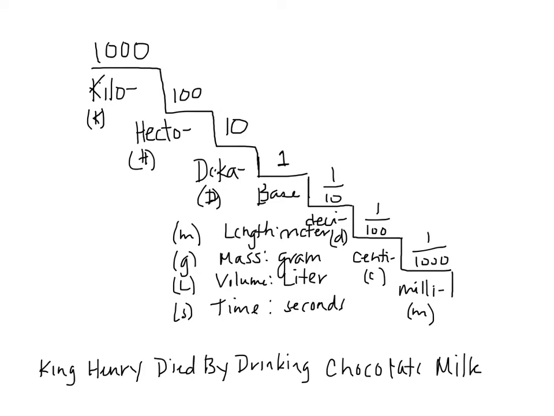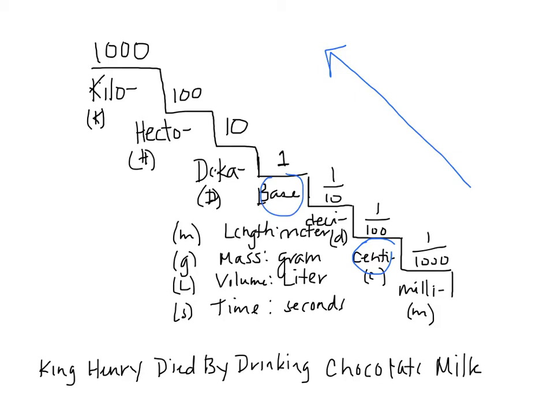So, let's talk about moving along the staircase. I want you to think about a meter stick. Alright? The meter stick has lots of little tick marks on it. The bigger ones correlate to centimeters, the teeny tiny ones correlate to millimeters. Okay? So what I want you to do is think about if you were converting up the staircase from centimeter to meter.